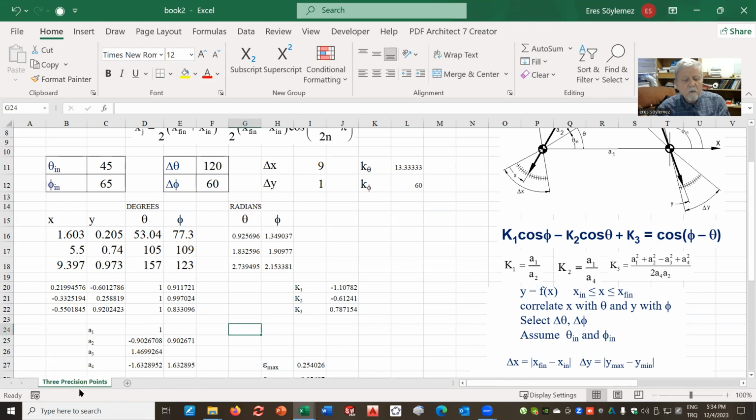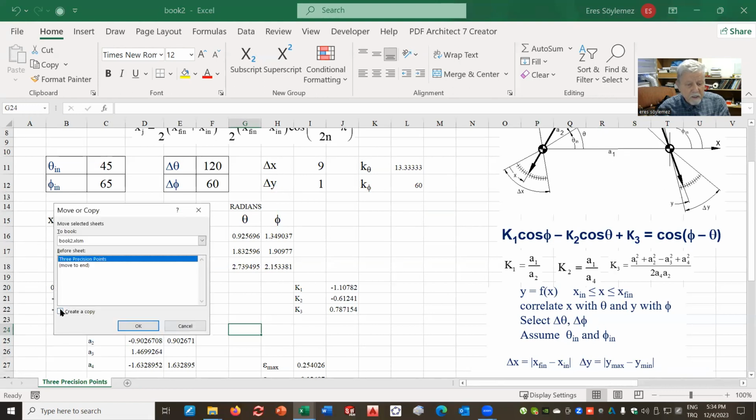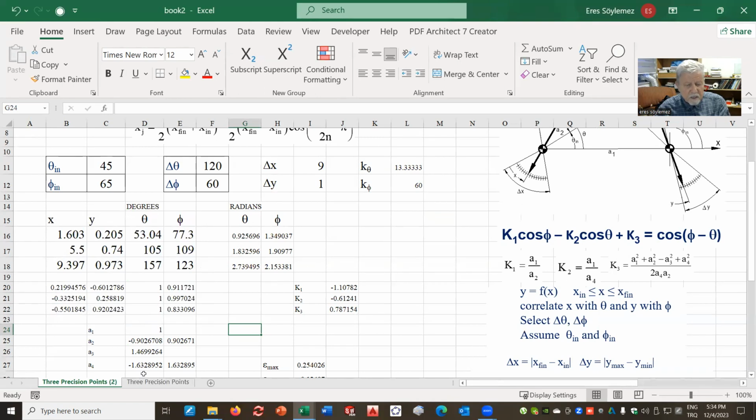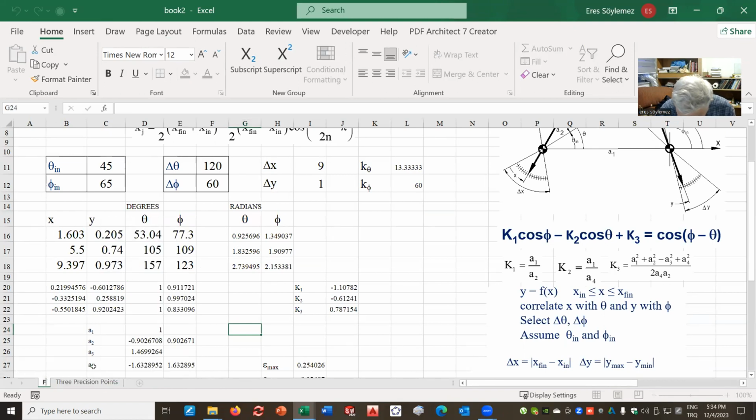Okay. Now what I will do is move or copy, create a copy of this sheet. Here I have a new sheet, the same way. Rename it as 4 precision points. The previous case was 3 precision points.